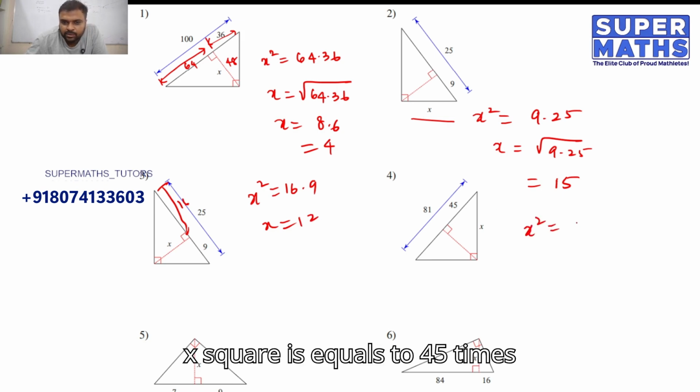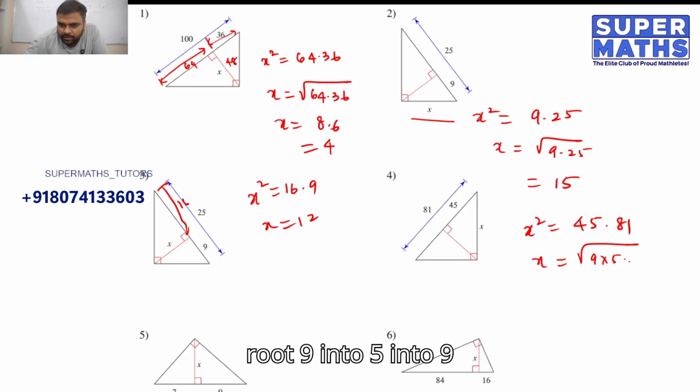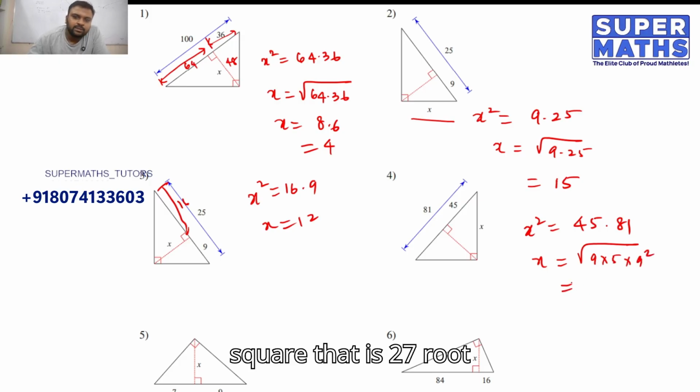X square is equal to 45 times 81. X is equal to root 9 into 5 into 9 square, that is 27 root 5.